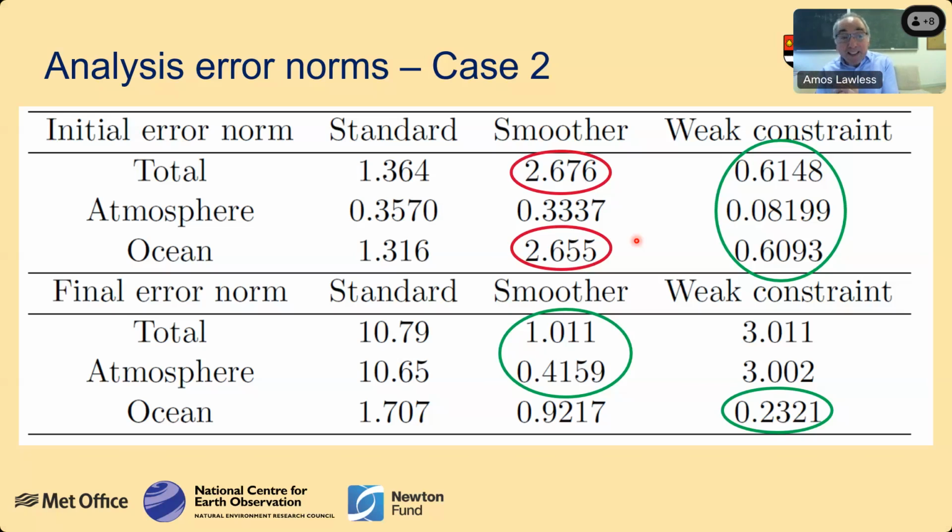If you wanted to extend this, I suppose you could also think about putting a weak constraint in the ocean and making the window even longer. But I think this depends. I'd say the smoother depends on the ocean linearity length. The weak constraint, the ocean part, if we consider just one minimization, depends also on the ocean linearity, whereas the weak constraint atmosphere sub windows depend on the atmospheric linearity.